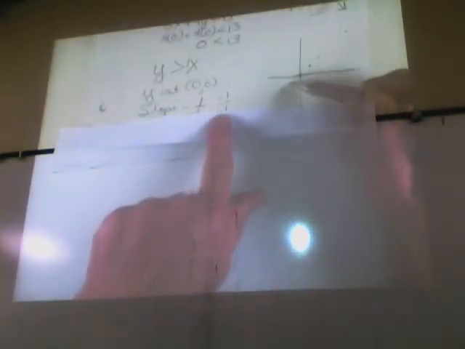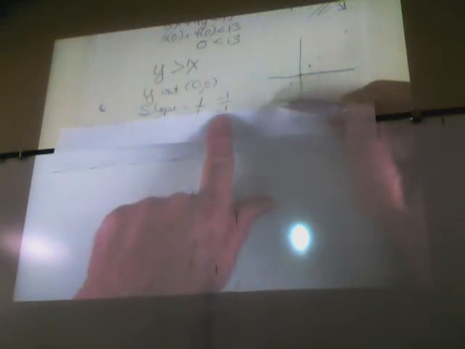There's your y-intercept. If you rise 1, you're going to run 1. You could keep doing that repeatedly if you want it real accurate. If you go down 1, you're going to go back 1.